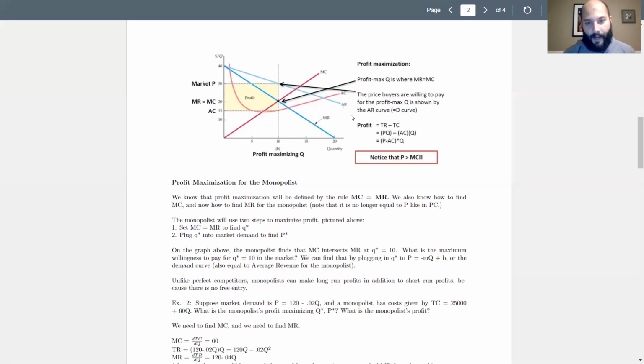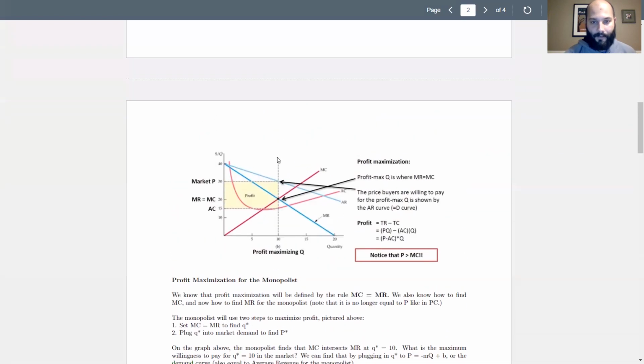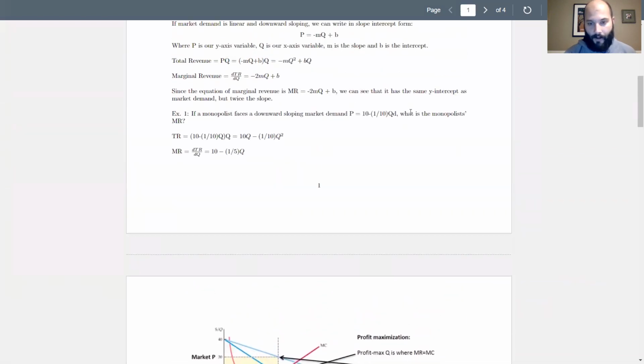Okay, so here's our demand curve. Marginal revenue is twice as steep. To find the profit maximizing quantity, we find MC equals MR. That's right here. That gives us our quantity. And then the second step, now we found our quantity, we need to find the right price. The price we can find by plugging into market demand. So, right, here's our market demand.